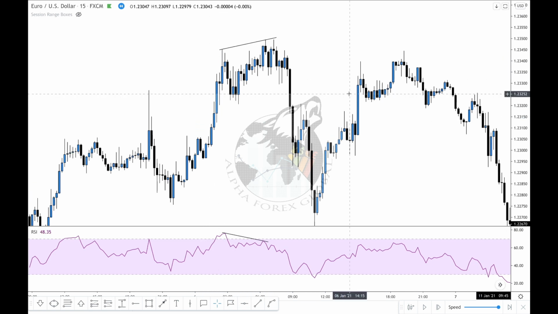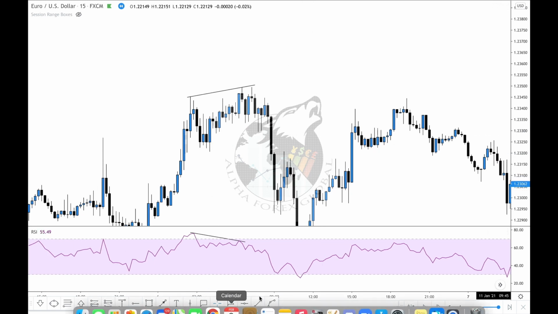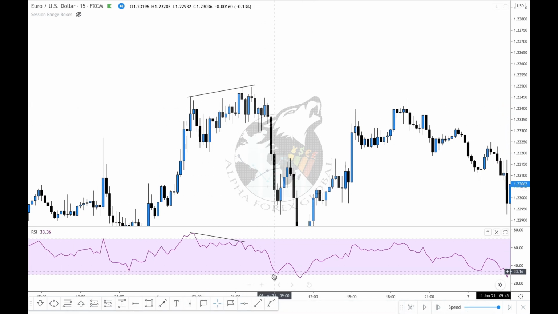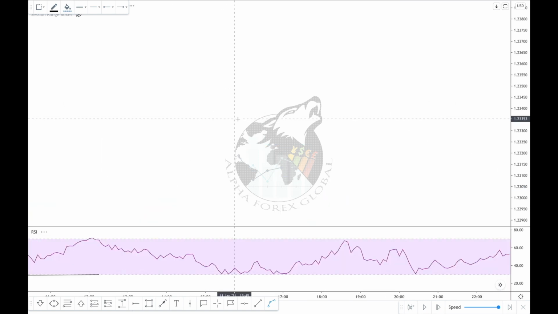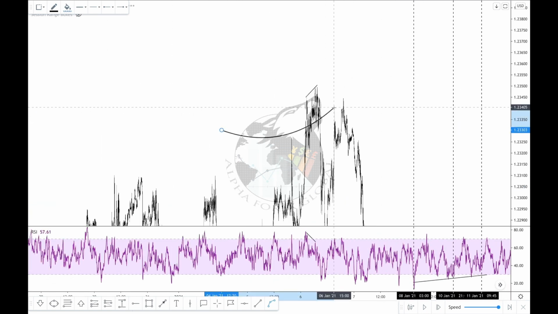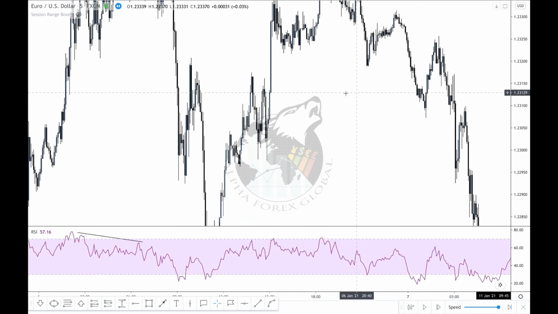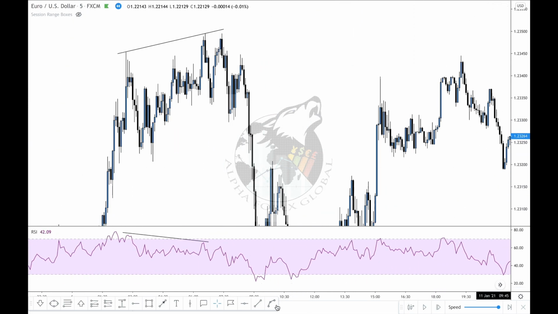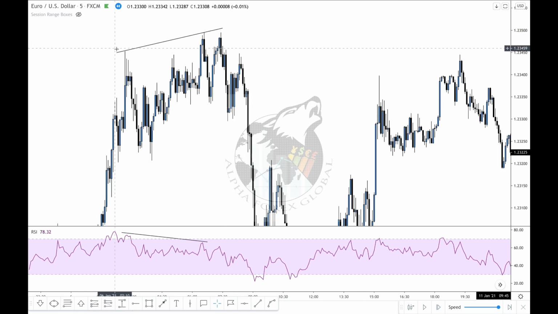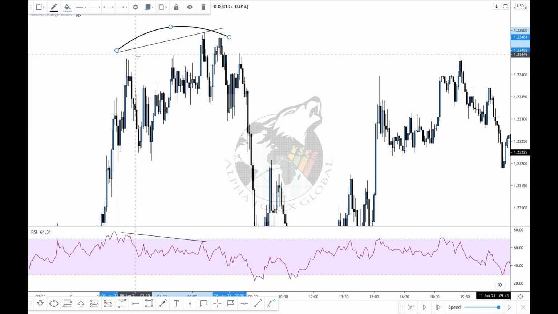Now, as I said, the important thing to note is that price still breaks structure. So if you look here, let's go on a 5-minute time frame so you can see structure better. You see that turning point here, right?